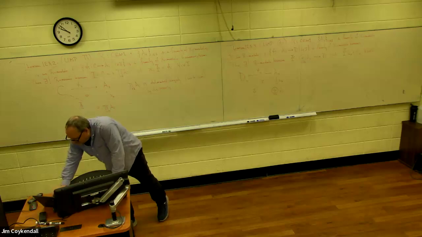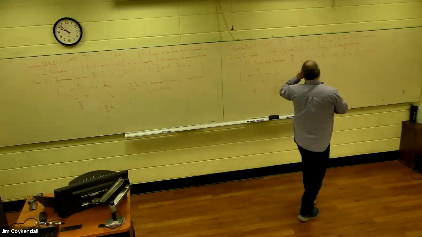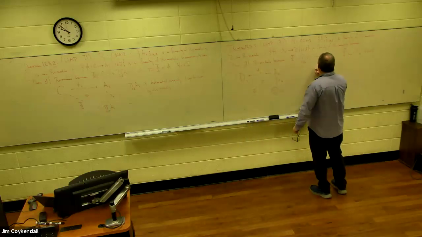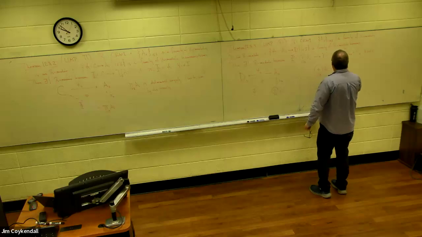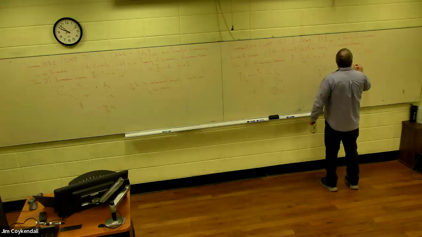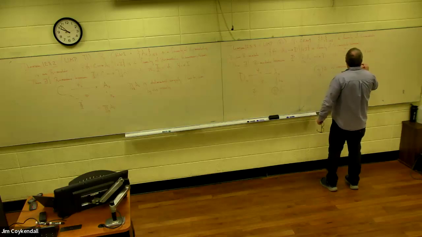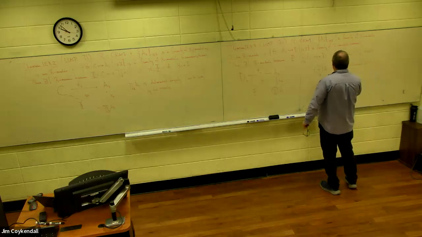Let me give you the final statement on this, and this is, again, the direct sum, just like the direct product, is uniquely determined up to isomorphism by this property.